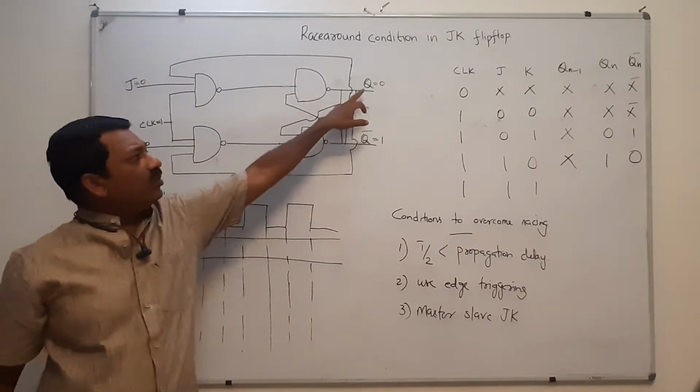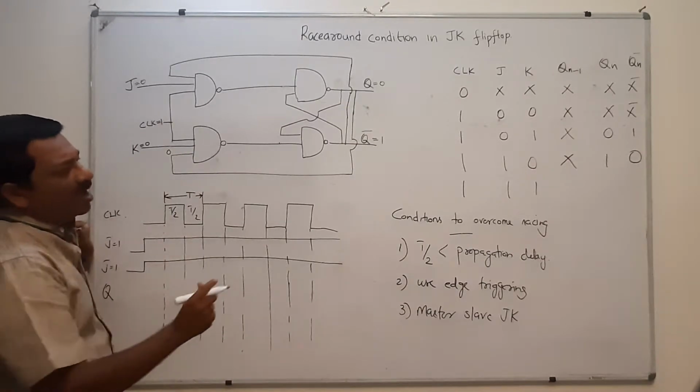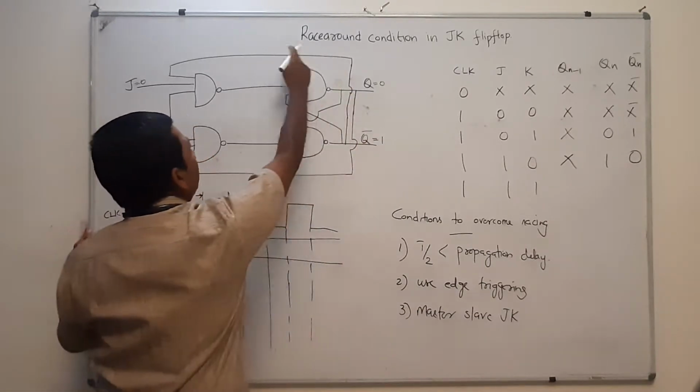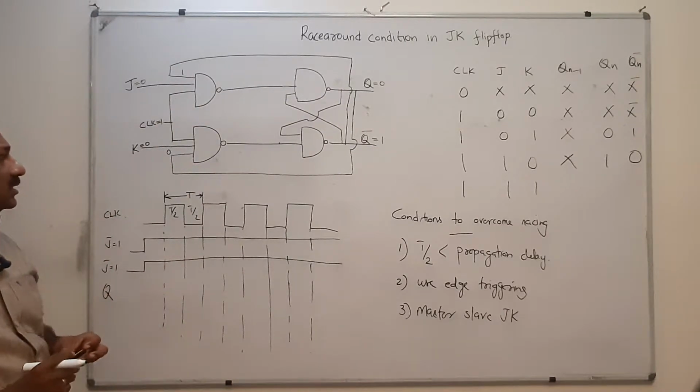With J and K zeros and the clock input 1, if Q is 0 the input here will be 0, and if Q bar is 1, this will be 1.